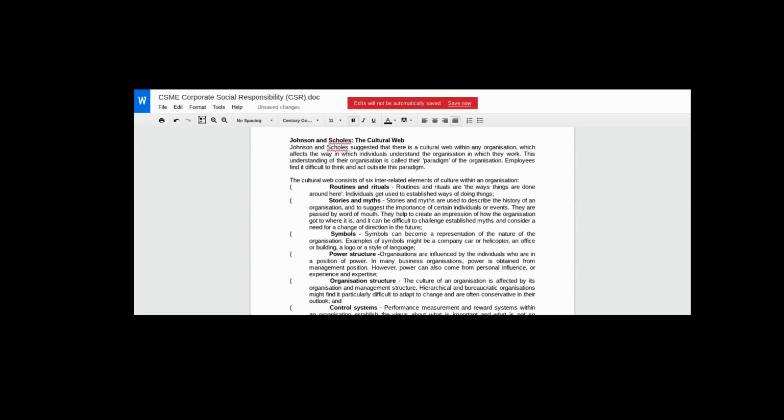By routine and rituals, it implies the daily, weekly, or monthly operational activities of the company. So individuals get used to an established way of doing things, our mode of operation on a daily, weekly, monthly, or yearly basis.